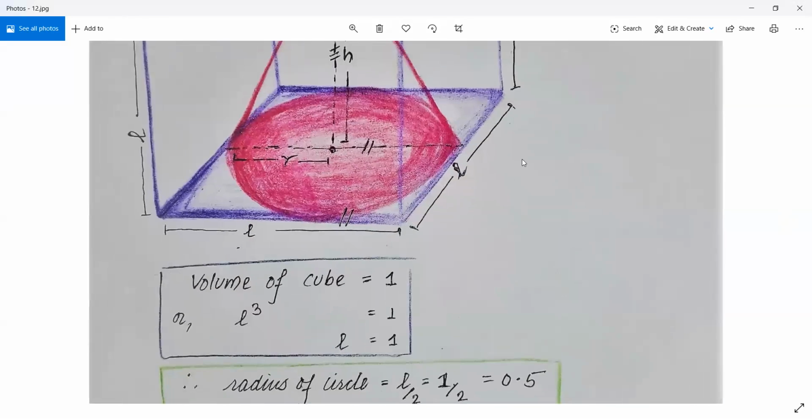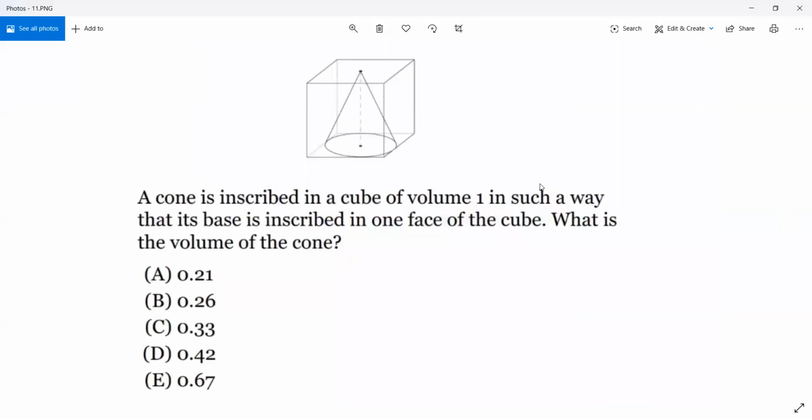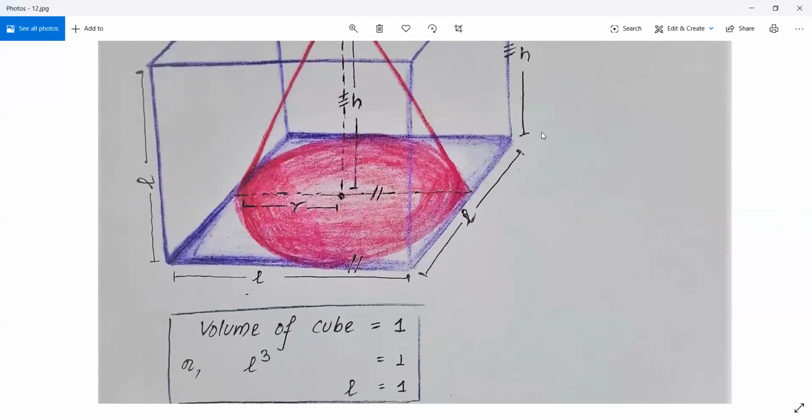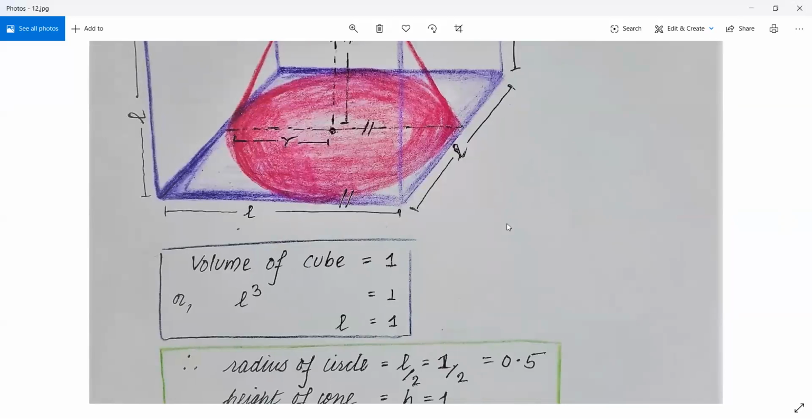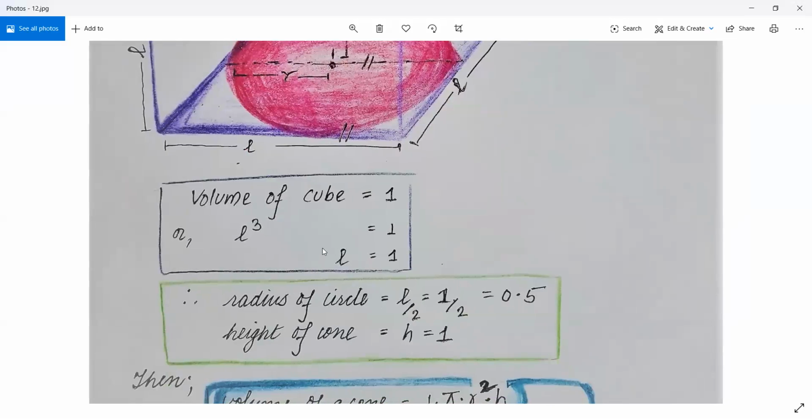Talking about this problem, the volume of the cube is given as 1 in the question. So when the volume of the cube is 1, L cubed equals 1. We don't deal with negative integers when dealing with solid geometry, so obviously L will be equal to 1.